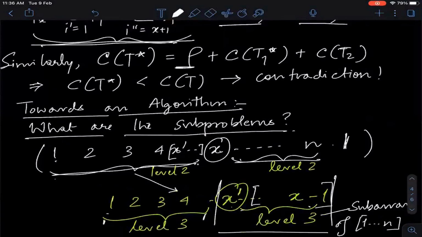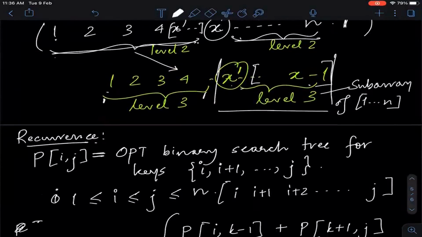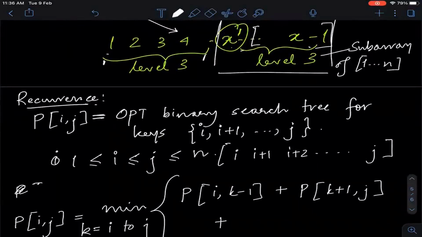So let's do that first because Soham has a slight confusion. Soham, what is P(i,j)? I am just looking at a subset of my keys. I have the keys from 1 to n. I am just looking at a subset of them, and not just an arbitrary subset. It's a contiguous subarray of the entire array that is given to you, which starts at index i and ends at index j.